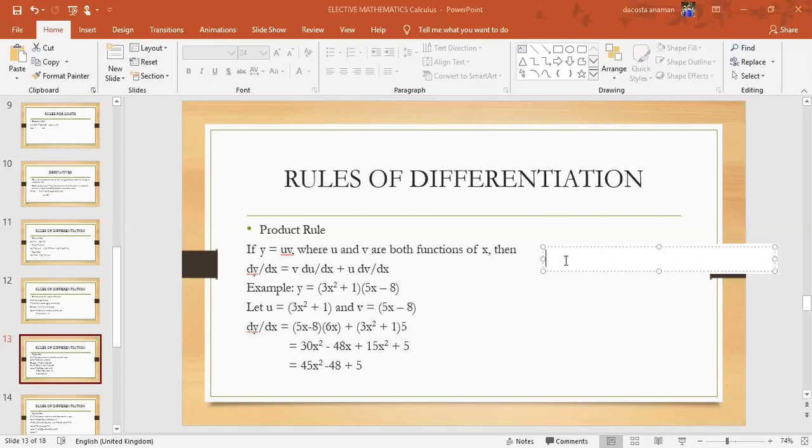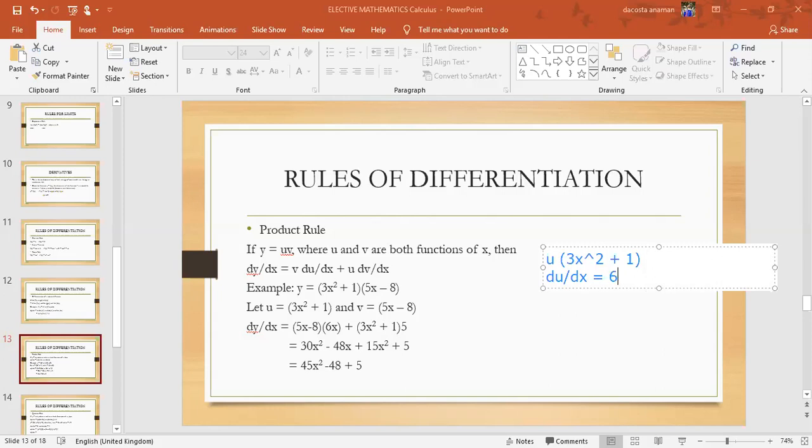So you have u is what? 3x squared plus 1. If we differentiate u with respect to x, that's du dx. It will be equal to, you multiply the 2 by any number in front of the x, and this time it is 3.